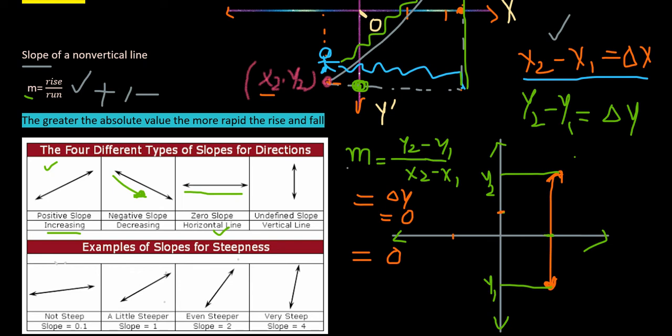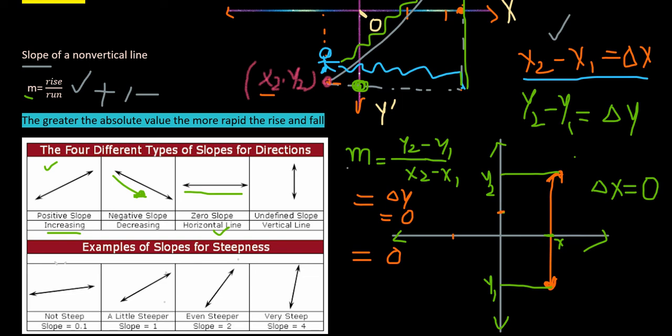And x lies over here, but as I said before, delta x will be 0 because there isn't any change in the value of x. So our delta x, that is x2 minus x1, is equal to 0.